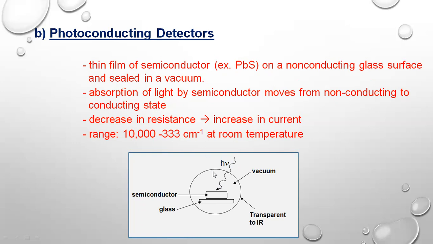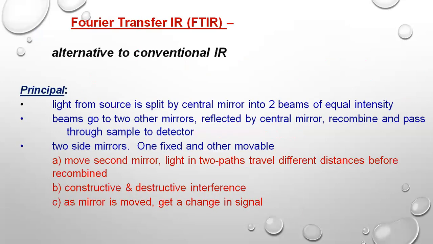Absorption of light by the semiconductor moves it from non-conducting to conducting state, and this results in a decrease in resistance, or an increase in current. Its range is 333 to 10,000 centimeter inverse. It can work at room temperature.